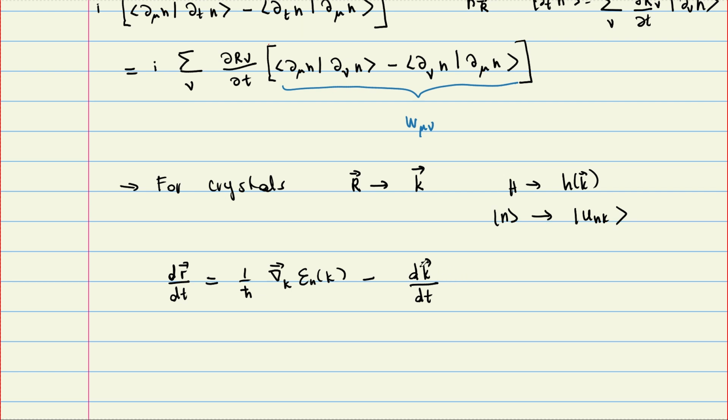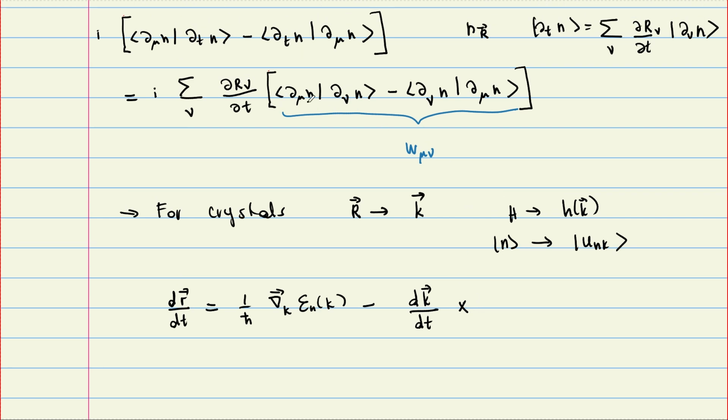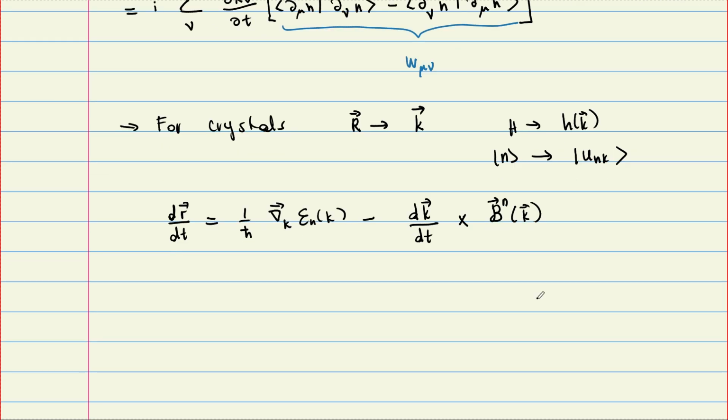And this thing, let me write it and check if that's the case, this thing times, you can see this is μ, ν, right? There's some index gymnastics we need to take care of, but this is going to be the Berry curvature of the nth band.